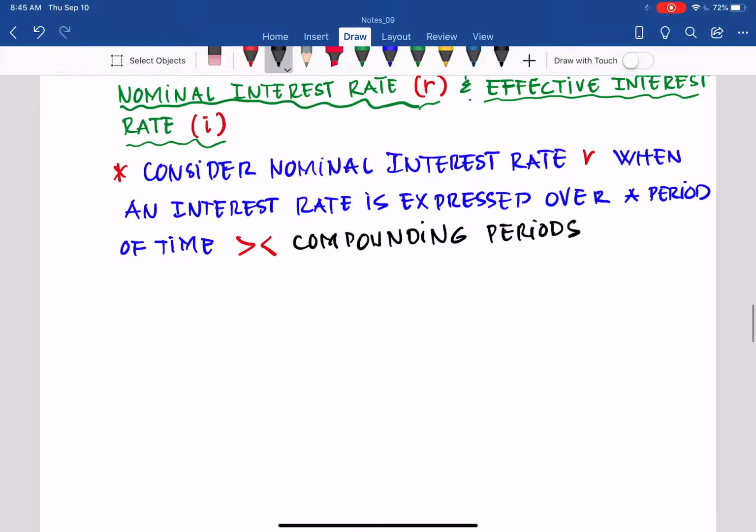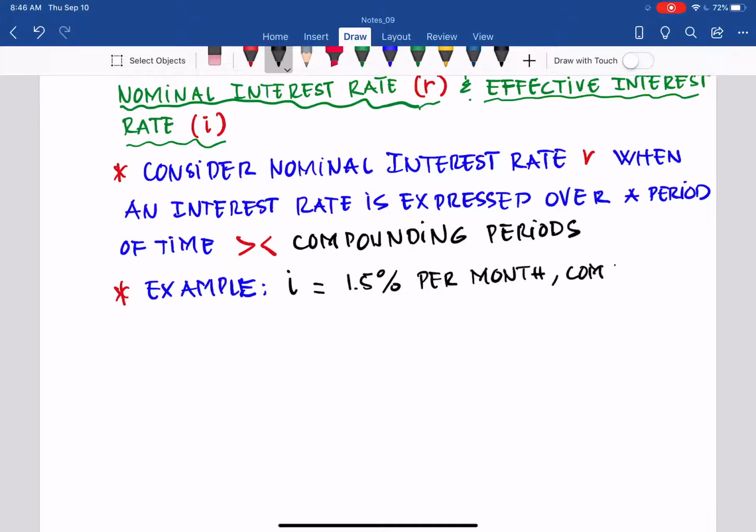For example, if we have an effective interest rate of 1.5% per month, compounded daily or compounded monthly.